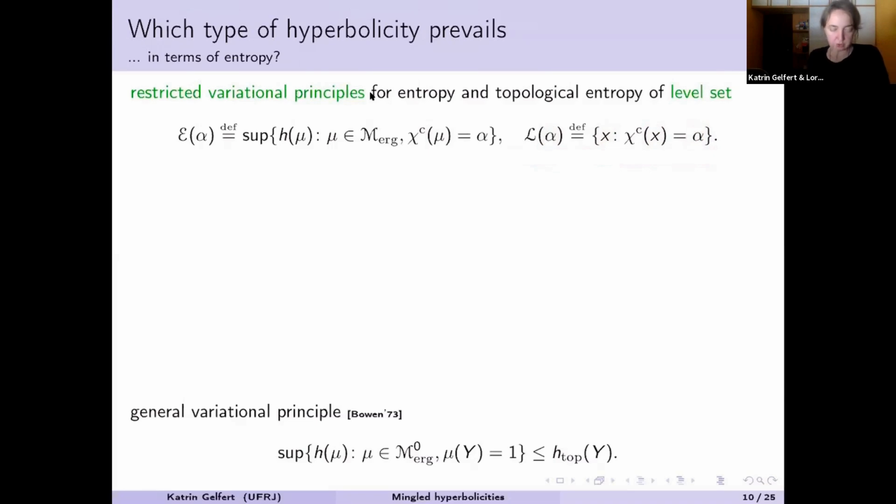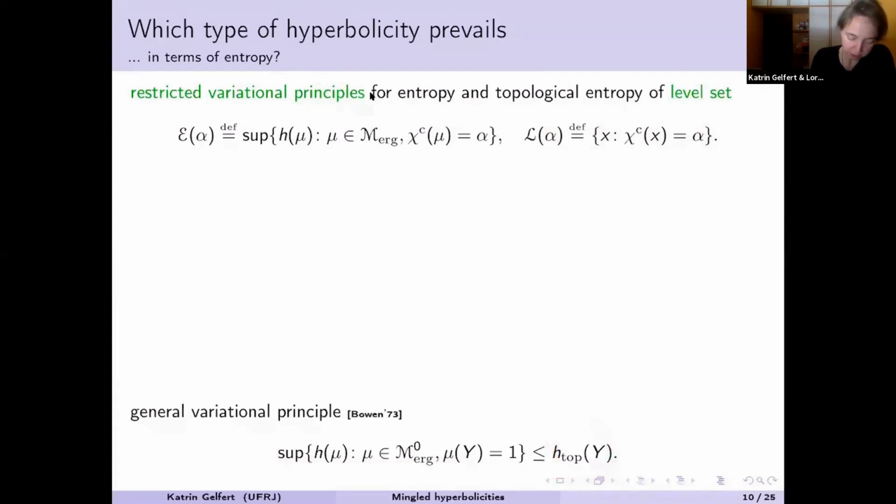So there is a very general variational principle, which can be found, for example, in the paper by Bowen, 73, which says that this restricted variational principle is never bigger than the topological entropy.